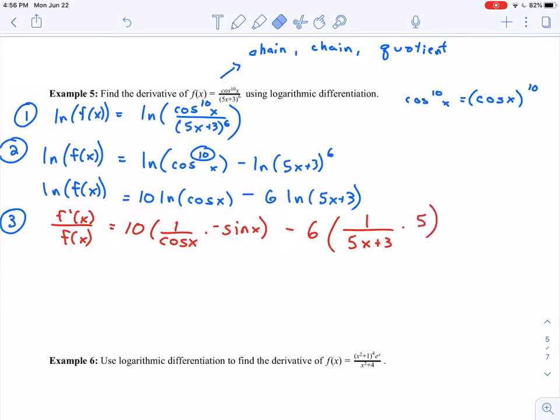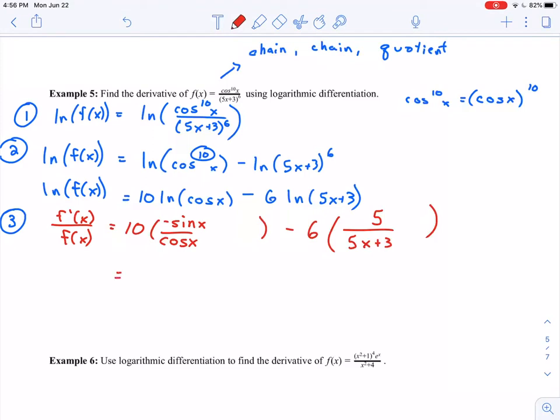We can write it like this, you can also take that negative sine of x and put that in your numerator, and same thing over here with this right-hand term. I could take that 5 and put that in the numerator as well. So you can maybe simplify a little bit here.